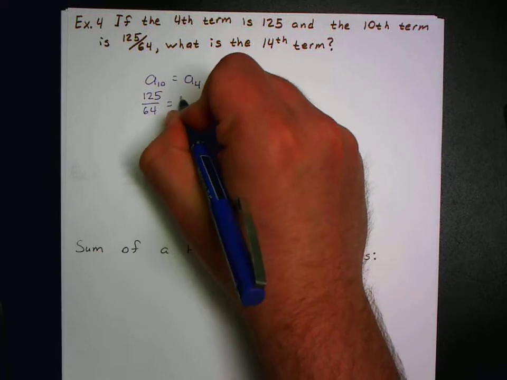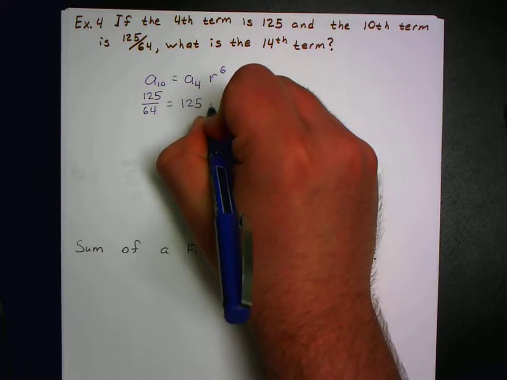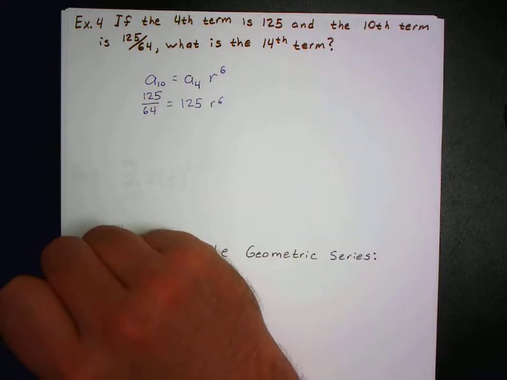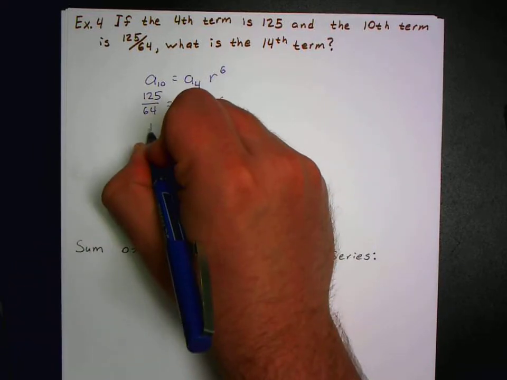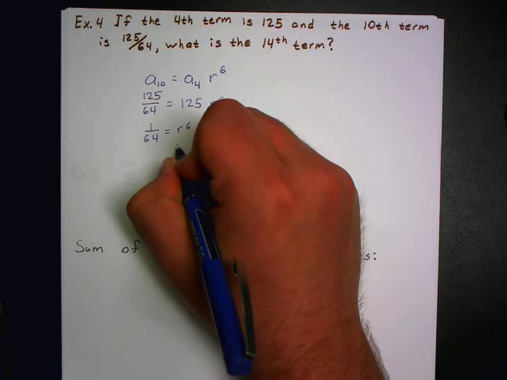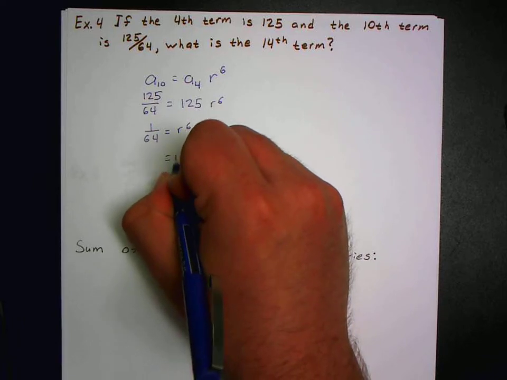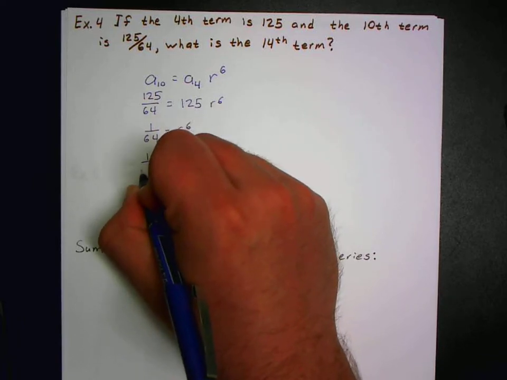The 4th term is 125. So it gives me 1 over 64 equals r to the 6th. The 6th root of this is going to be 1/2.